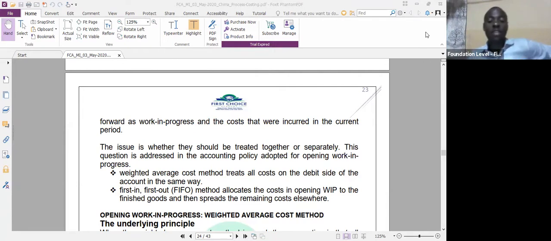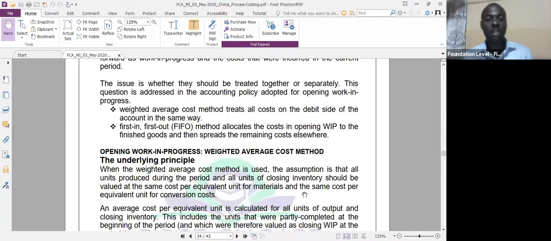Now, in these two methods, FIFO seems to be a little more complicated. So you need to pay attention to grasp what FIFO is talking about. It is easy to grasp the weighted average method, but it's good to know the two of them.